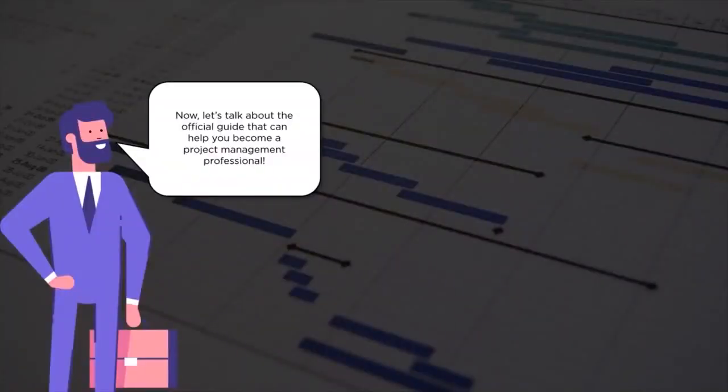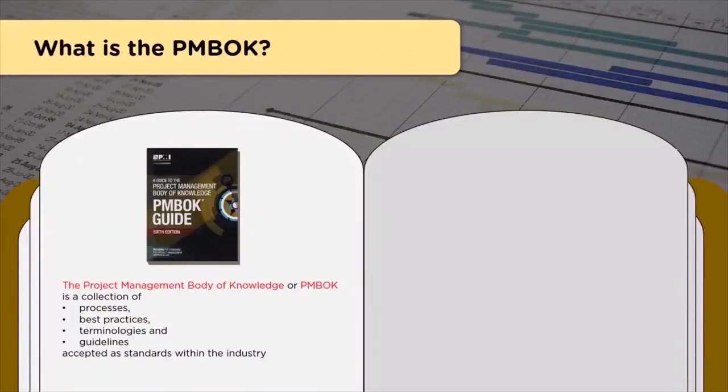Now let us look at the official guide used in PMP that can help one become a project management professional. That is PMBOK, referred to as the Project Management Body of Knowledge, which is the collection of processes, best practices, terminologies and guidelines accepted as standards within the industry.